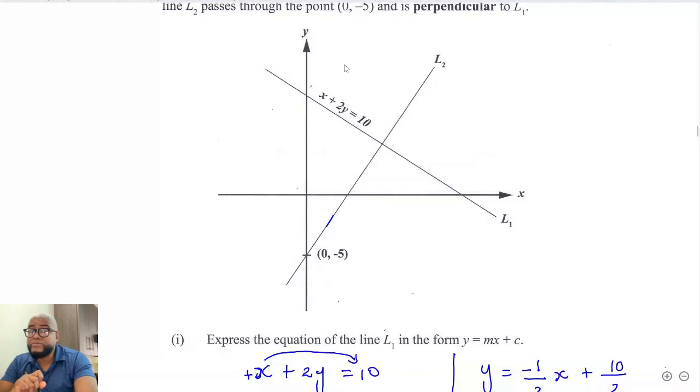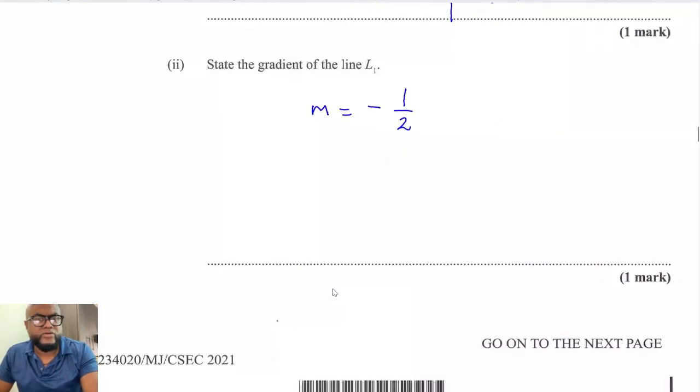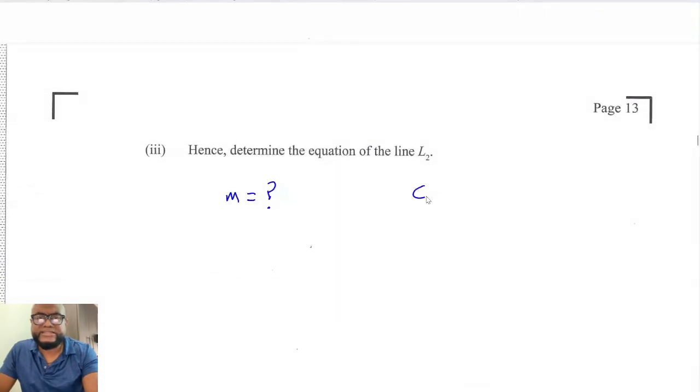What's the y-intercept for L2? It'll be -5. That's where the line cuts through the y-axis. So we have c. c is equal to -5.